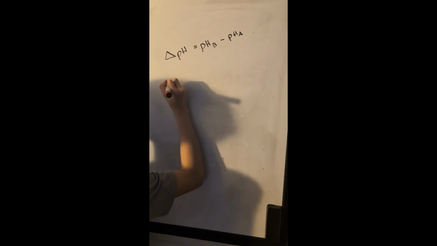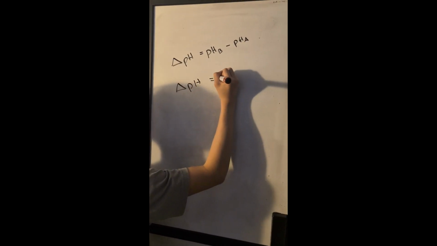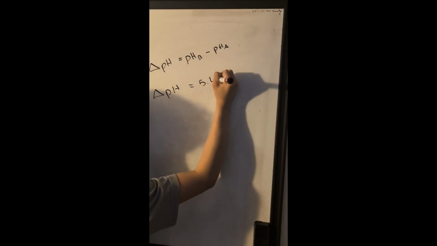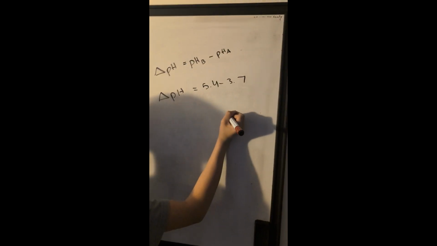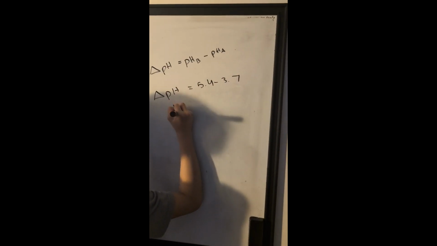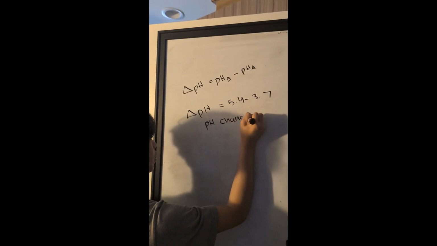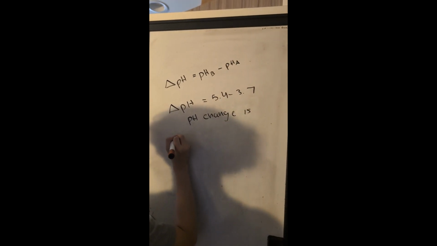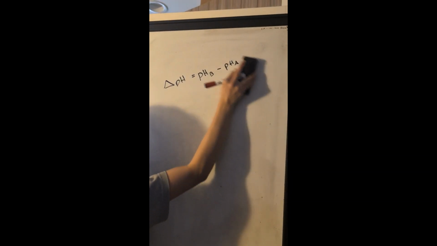So now we do 5.4 minus 3.7. And once we calculate that, the pH change is 1.7.